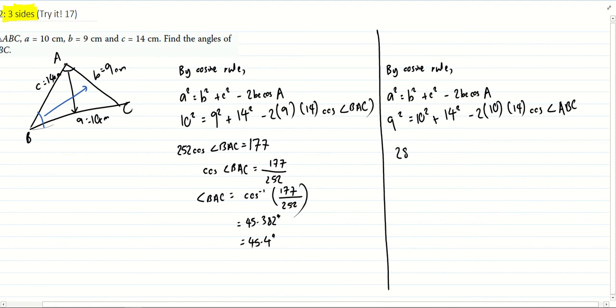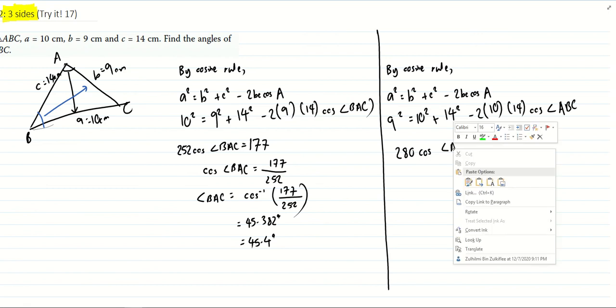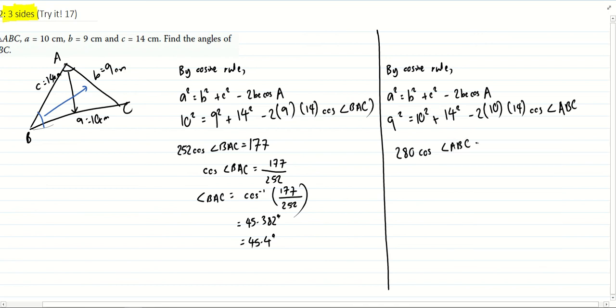So 280 cosine angle ABC equals 10 square plus 14 square minus 9 square. So 10 square plus 14 square minus 9 square, I get 215. So cosine angle ABC equals 215 over 280.